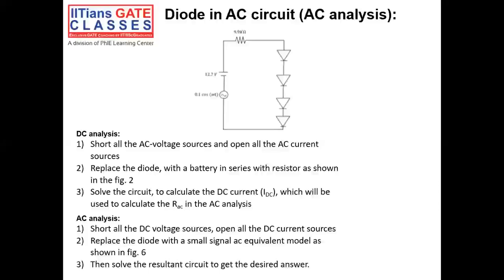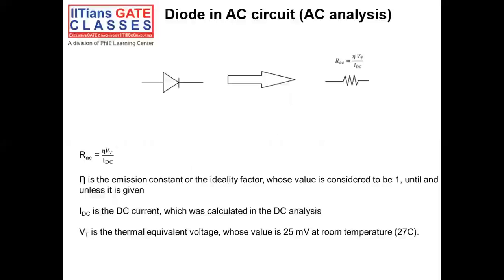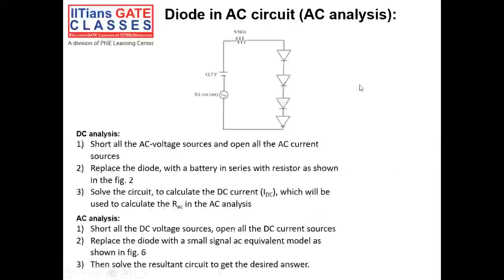We have just covered the AC equivalent model of the diode, which is simply a resistor. So in the second step, we replace the diode with a resistance whose value is eta Vt by ID. Then we move on to the third step, in which we calculate the answer.